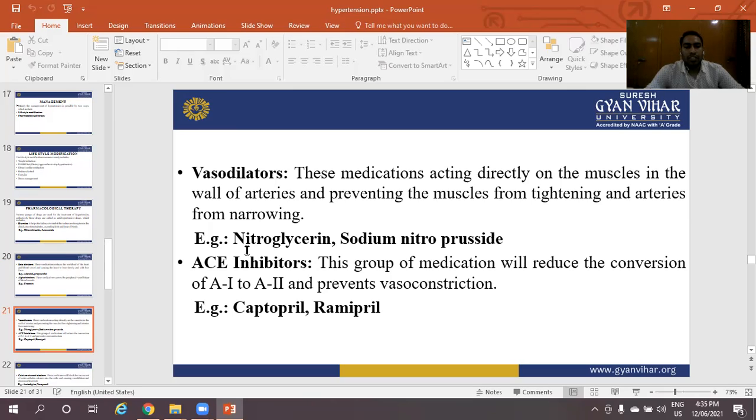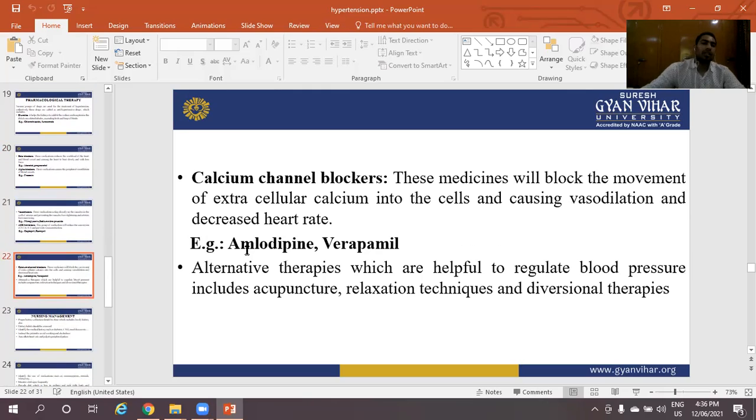Drugs included in the ACE inhibitors are captopril, ramipril, enalapril, and lisinopril.